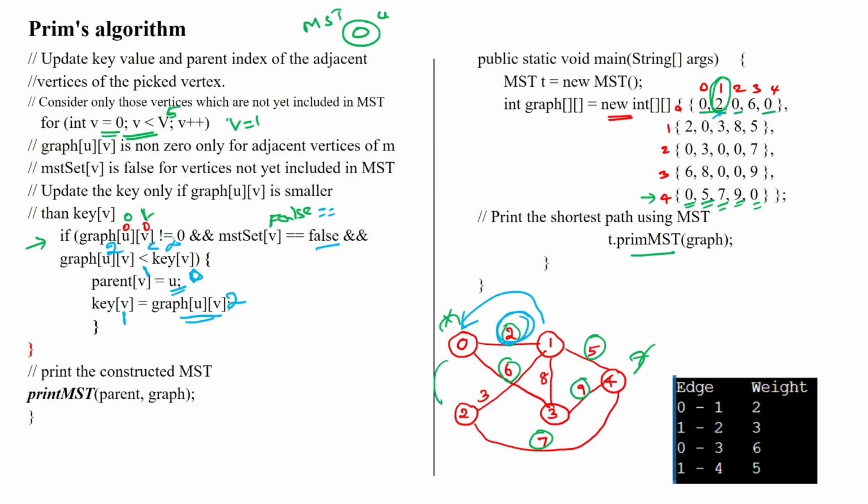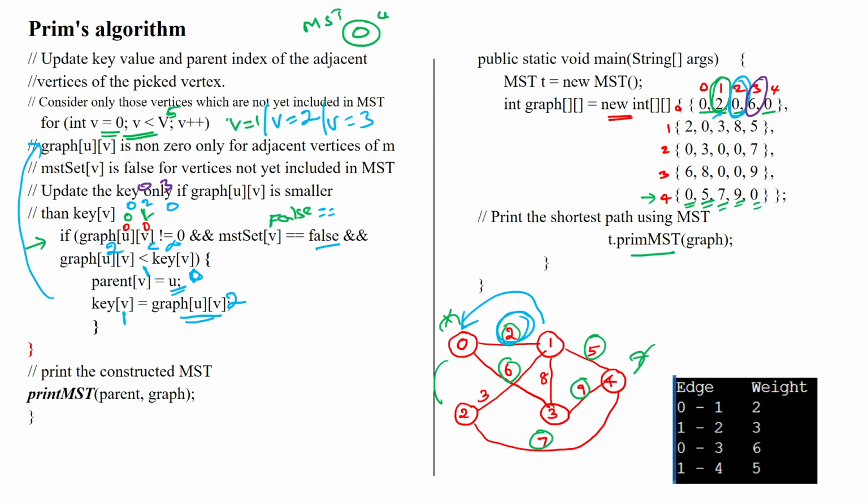Like that, again we have to increment, the V value will be 2. So now graph of 0 comma 2, the edge value of 0 comma 2 is here 0. So graph of U comma V is 0, it is false, then the for loop will be incremented by 1. Now V equal to 3. So again here you take 0 comma 3. 0 comma 3 not equal to 0, yes it is true.